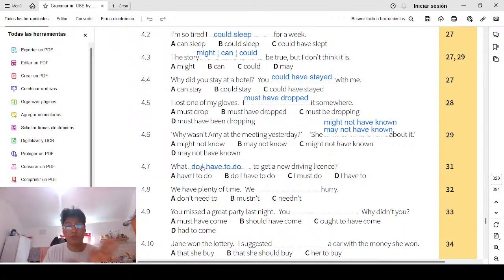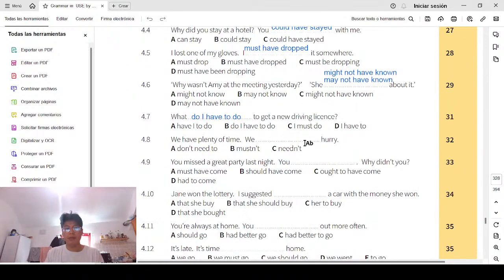Have to remember the structure of the question. Sometimes the goal of this kind of question is to try to confuse you, to make you forget the structure, the base of the English grammar. So next one.